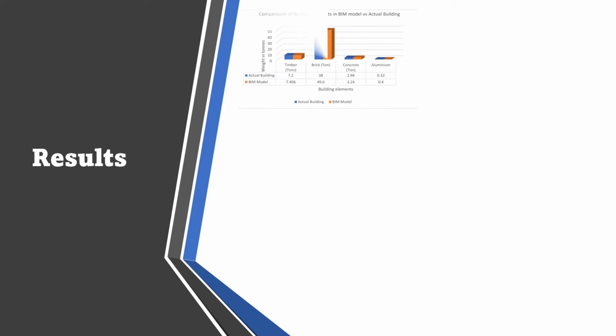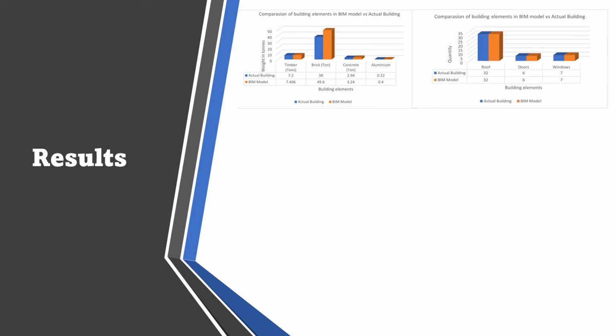For the results part of my research, or my case study analysis, it shows some very interesting data comparing the BIM model building elements, as well as the actual building elements that were rescued during the operation. On the right hand side here, we see building components of the house that were fully recovered, at 100% recovery rate.